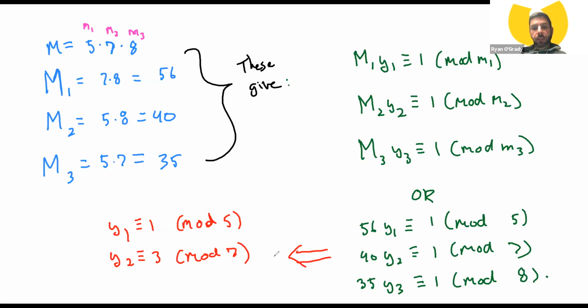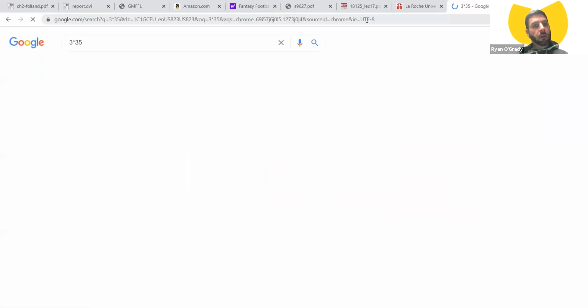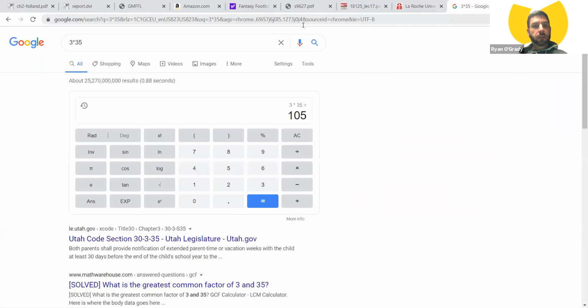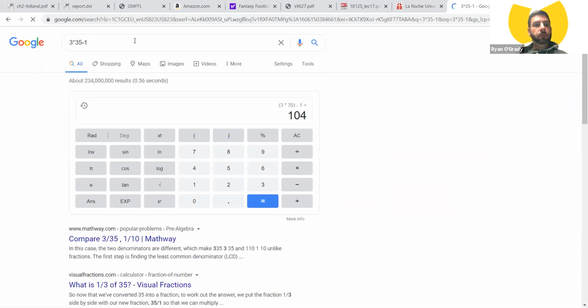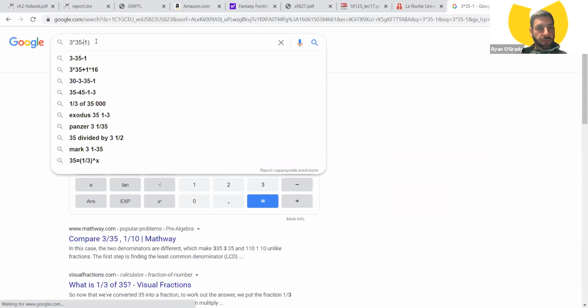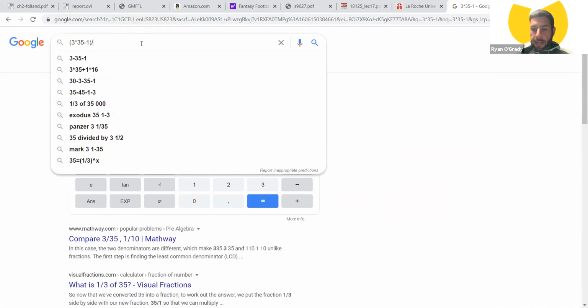Okay, so what's 3 times 35? Let me show you one way you could do this. If I go back to the internet, what is 3 times 35? Well, that's 105. And so if I subtract 1, I get 104. Is 3 times 35 minus 1 divisible by 8?